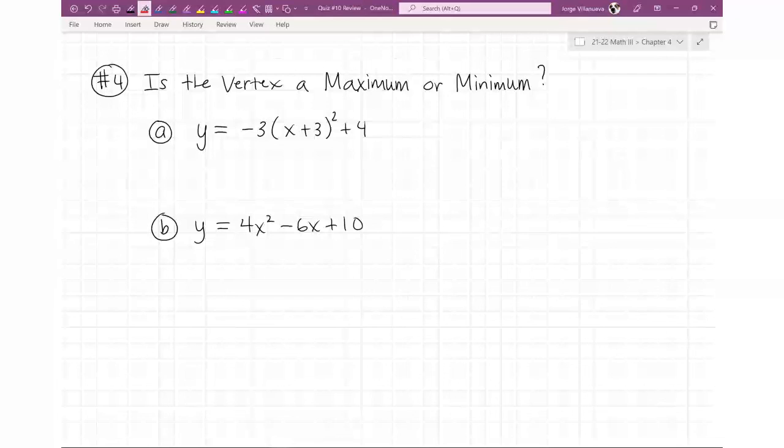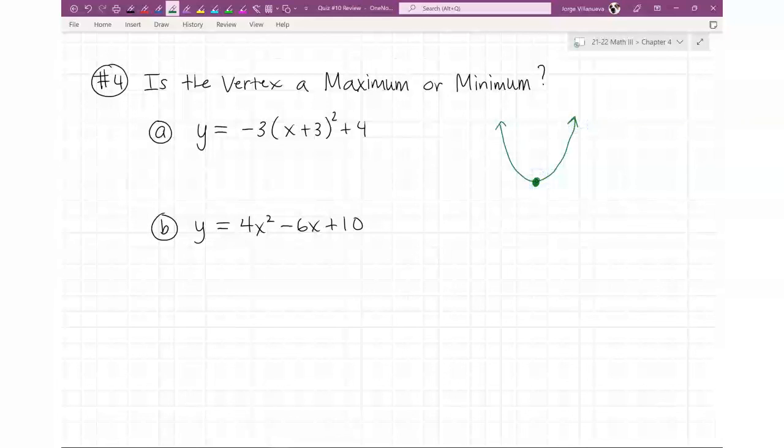And if it opens up, if it's going this way, then what's my vertex? Is it a maximum or a minimum? Let me draw you a picture so you can see it. If it opens this way, what's my vertex? A minimum, right? If it opens up, the vertex is at the very bottom.